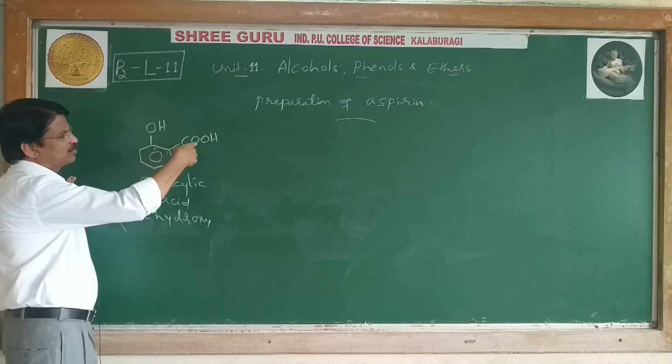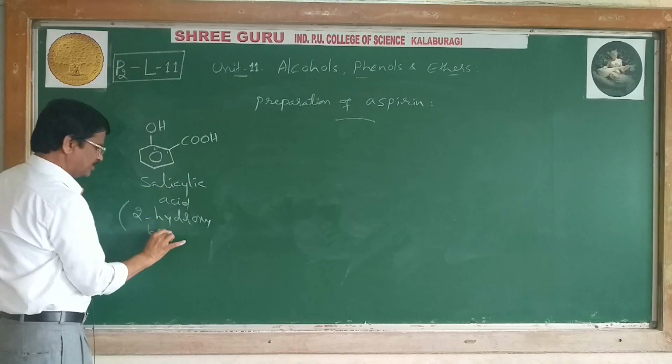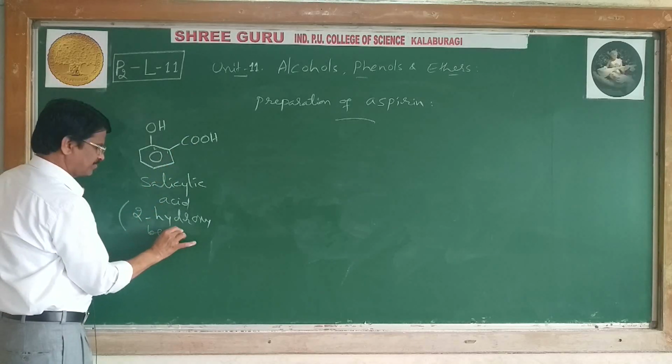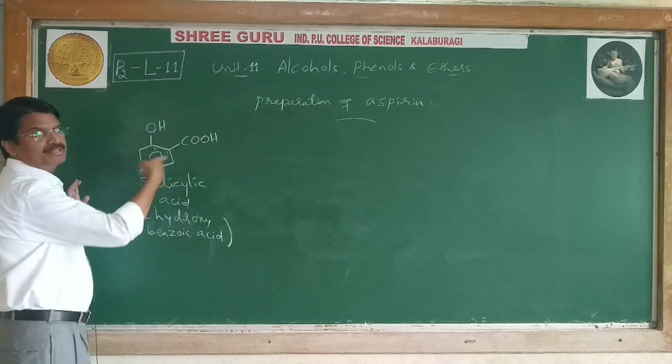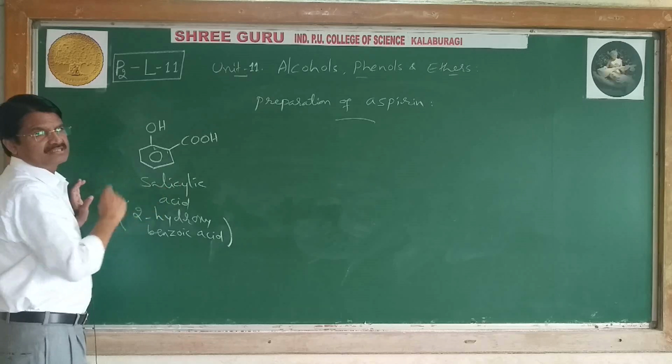This ring with COOH is called benzoic acid. 2-hydroxybenzoic acid is called salicylic acid.